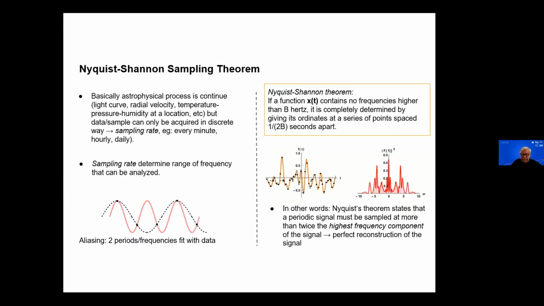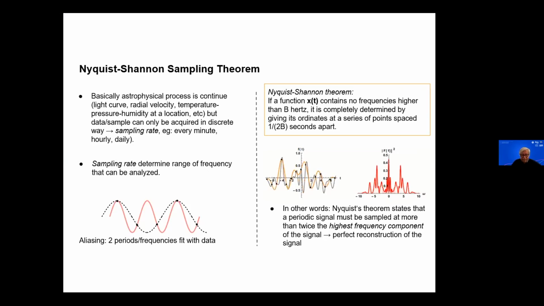And this sampling rate may be dictated by exposure time, cadence time, or even limited by the observing window, in which you can only observe in the nighttime in the case of optical and infrared. But maybe in radio, you can make 24 hour observation continuously, for example. And the sampling rate determines the range of frequency that can be analyzed.